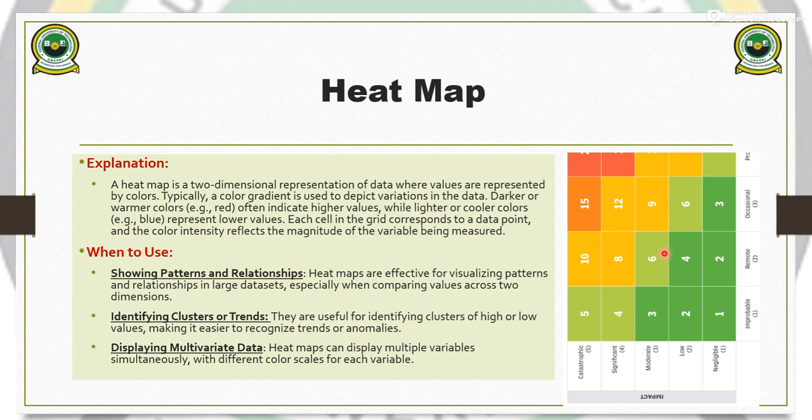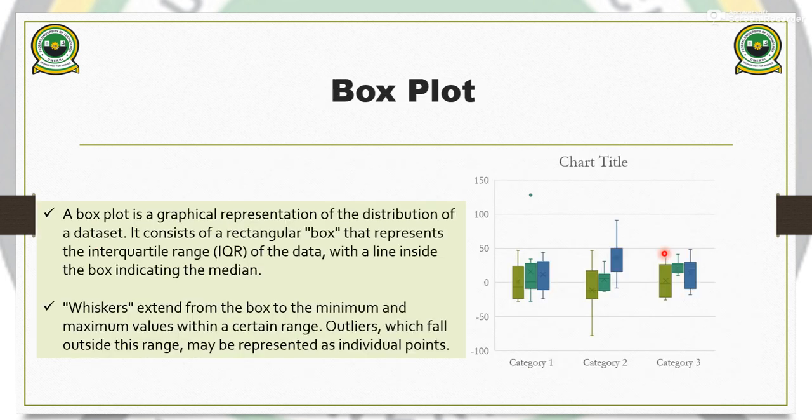Next, we look at the box plot. The box plot is a graphical tool showing the distribution of a data set. It consists of a rectangular box that represents the interquartile range of the data with a line inside of the box indicating the median. When you look at this plot, you will see the line inside that indicates the median of the data.